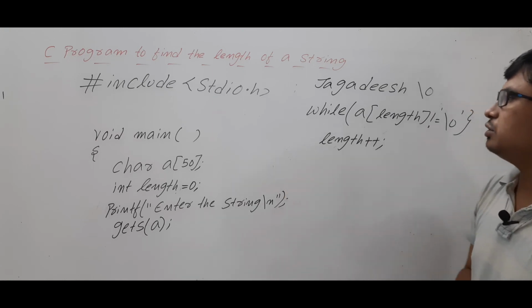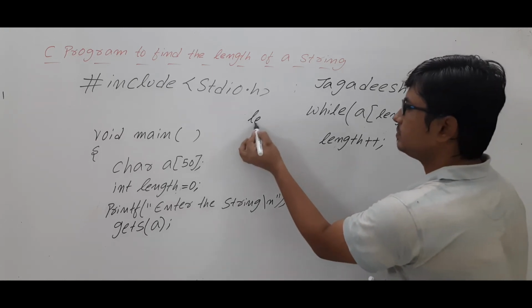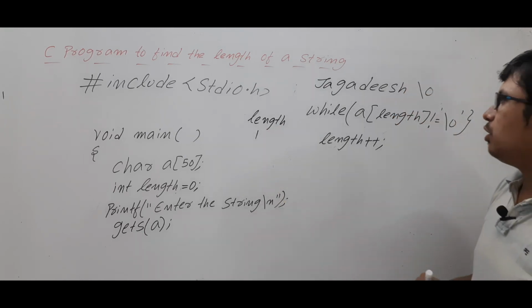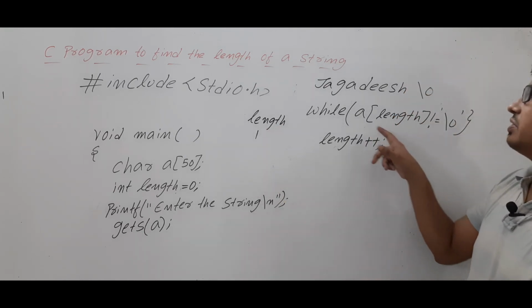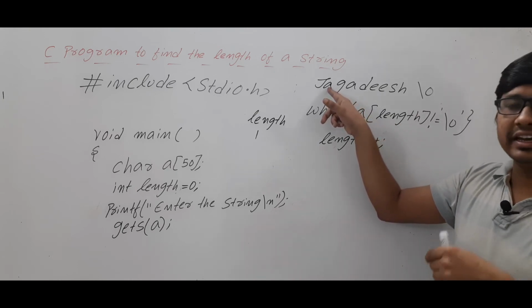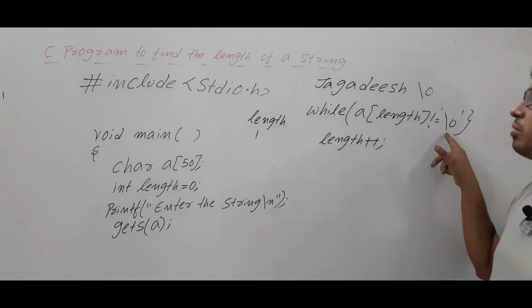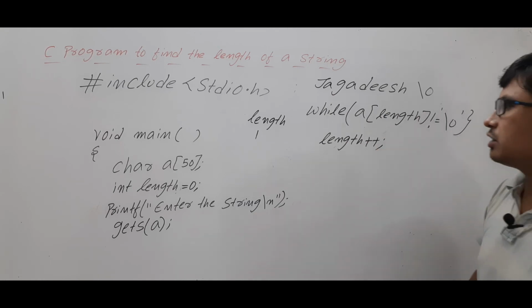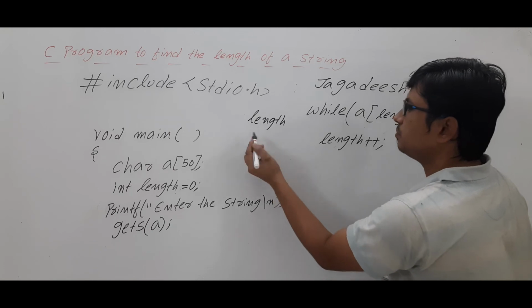So length value will become 1. Let me write it here. Length value will become 1. Now you are checking a of length, a of 1. So the character in index 1, which is a, is not backslash 0. Again the condition is true, you will increment the length value. So now it will become 2.